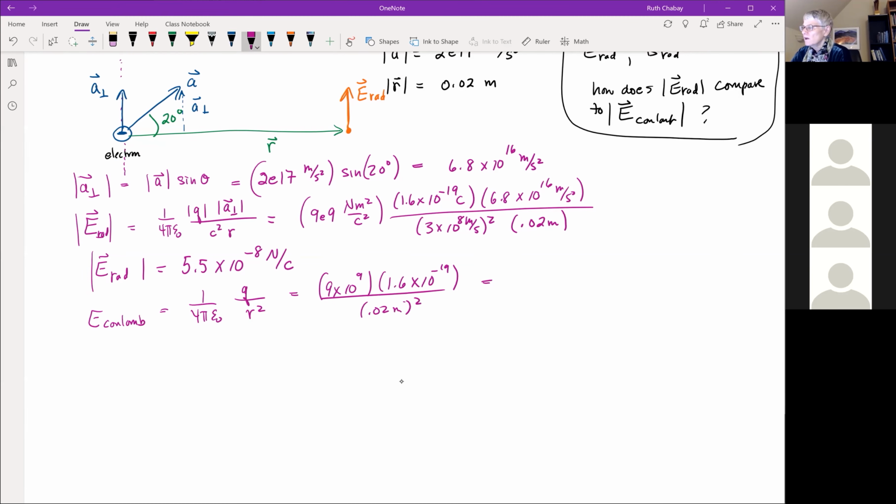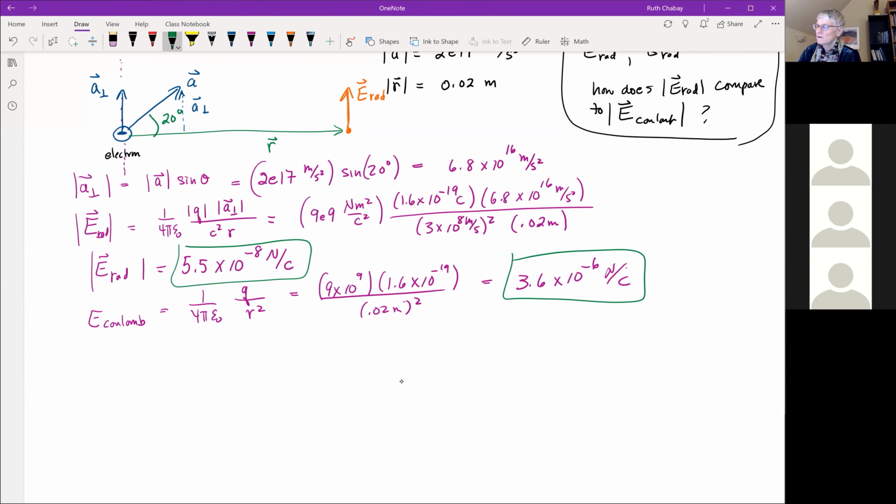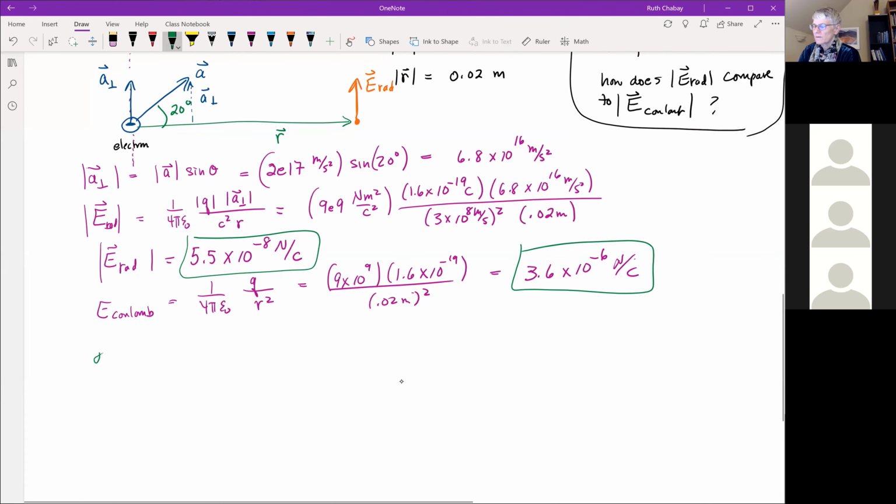And we get 3.6 times 10 to the negative 6 newtons per coulomb. So at this distance, at 0.02 meters, the ordinary Coulomb electric field is greater than the radiative field in that pulse.